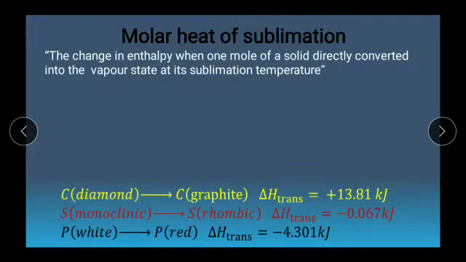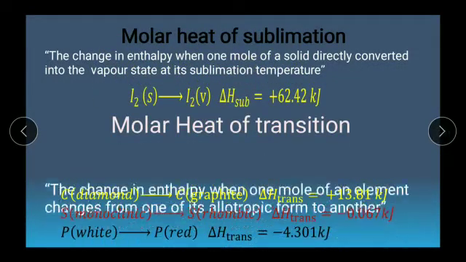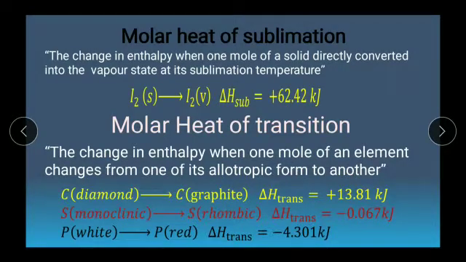Next, molar heat of sublimation. I hope you remember what is sublimation. Solid is directly converted into vapor. It is named as sublimation. Then what is molar heat of sublimation?